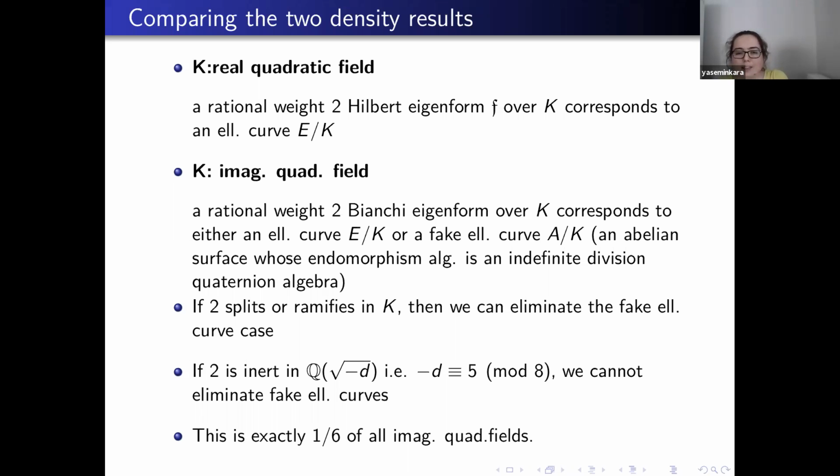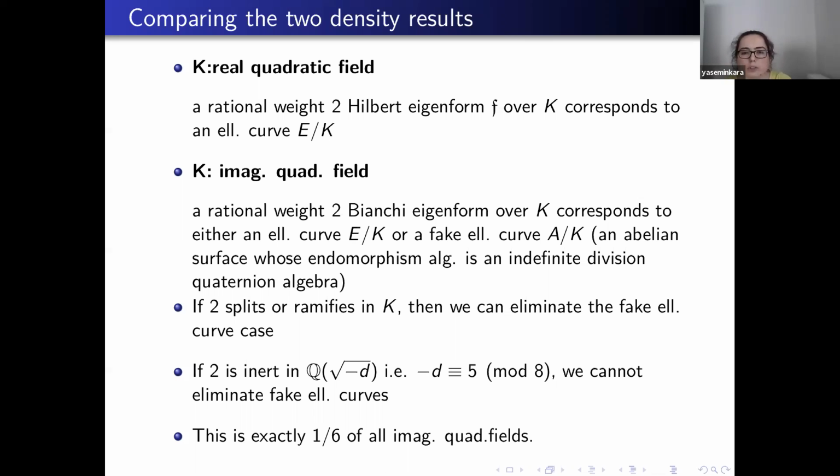The number fields where 2 is inert correspond exactly to 1/6 of all imaginary quadratic fields. So the reason is the difference between the Eichler-Shimura conjecture over totally real fields or just for any arbitrary number field.